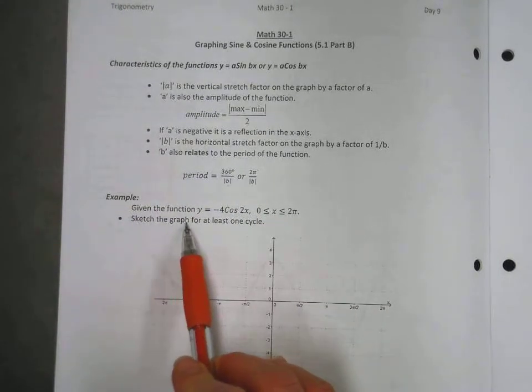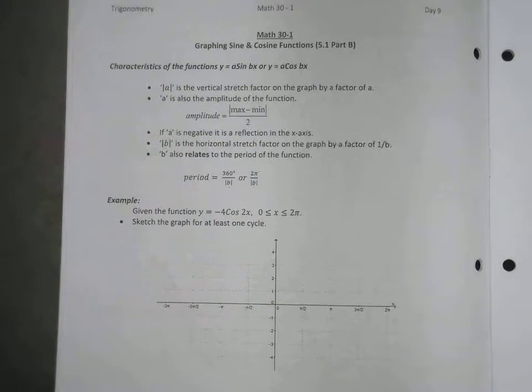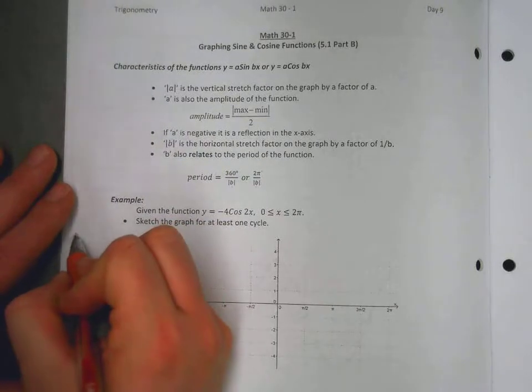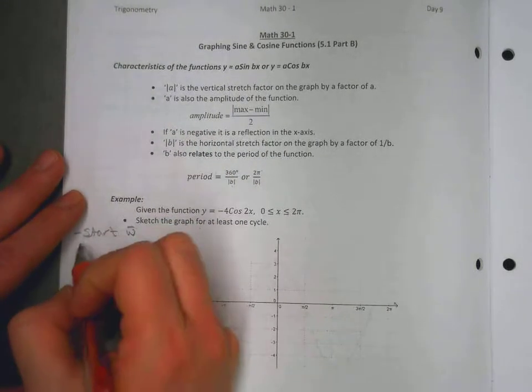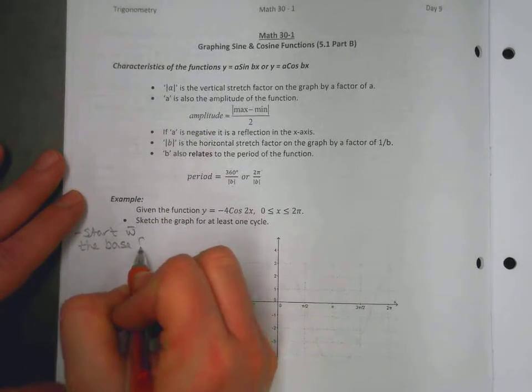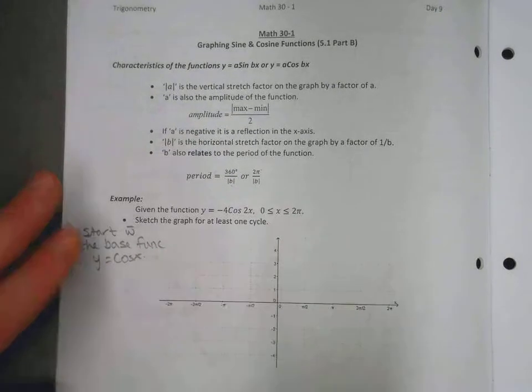Given the function y equals negative 4 cos of 2x from 0 to 2 pi, we're going to sketch the graph for at least one cycle, and then talk about some characteristics of it. The key here is we're going to start with the base function y equals cos, which is what we learned about yesterday.